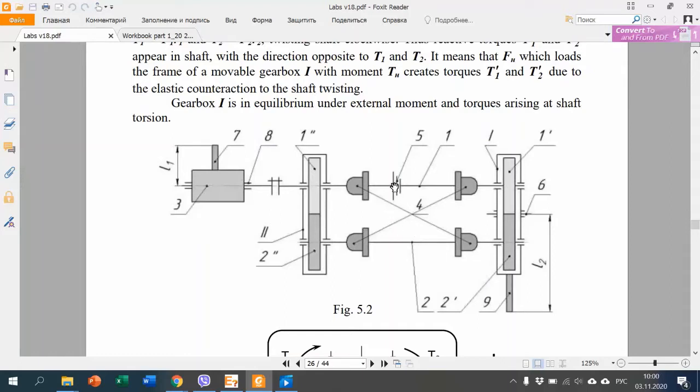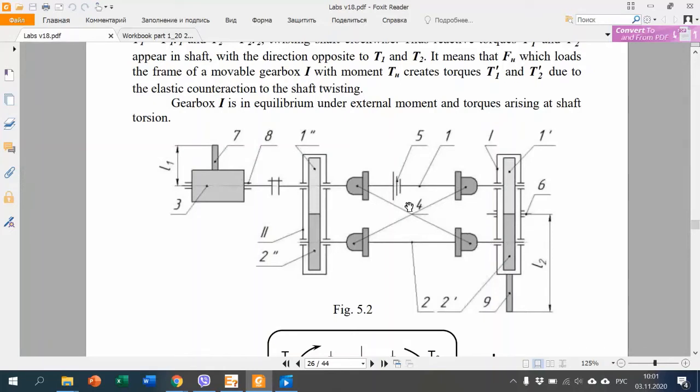So in such case, if we turn one part of the shaft relative to the second part of the shaft, we create forces between wheels, and this force circulates here, and you can't use this circulating power outside this circle.